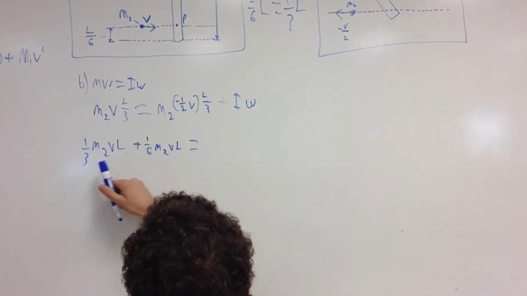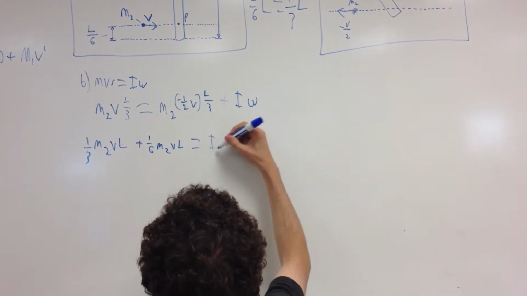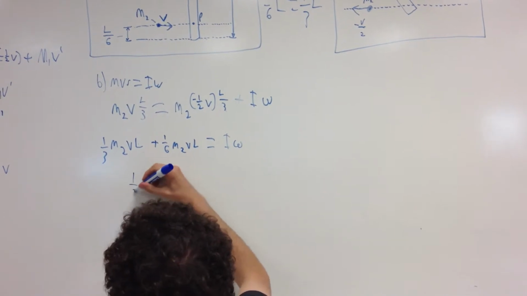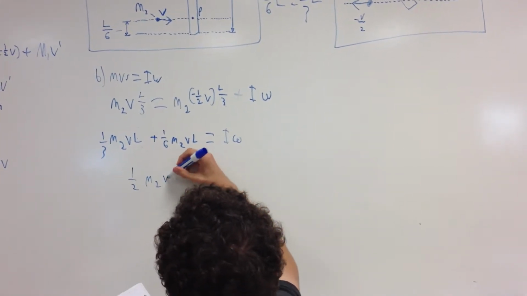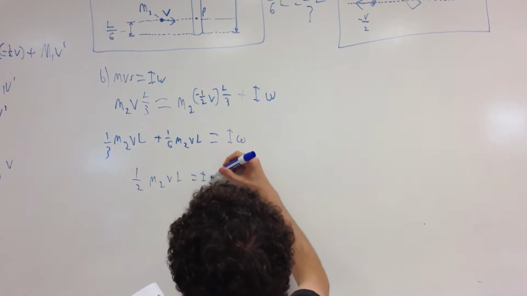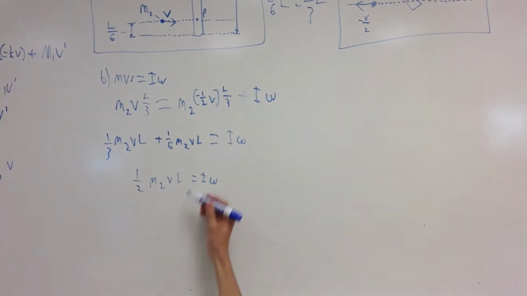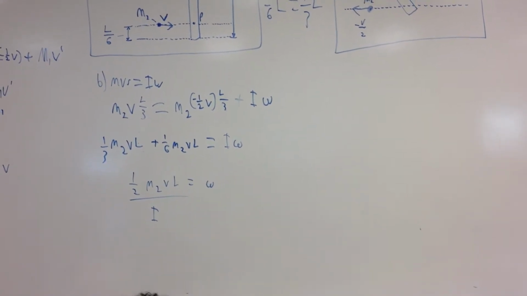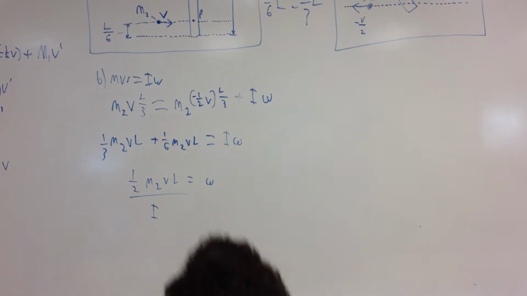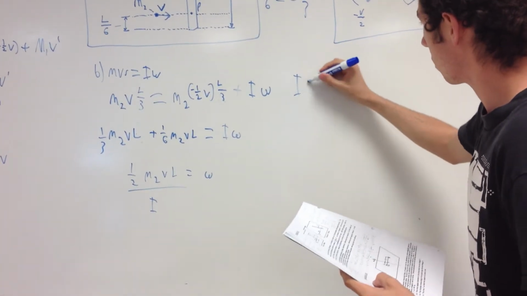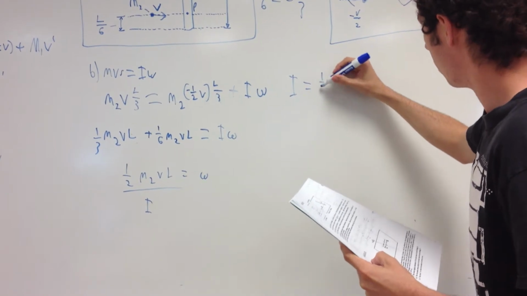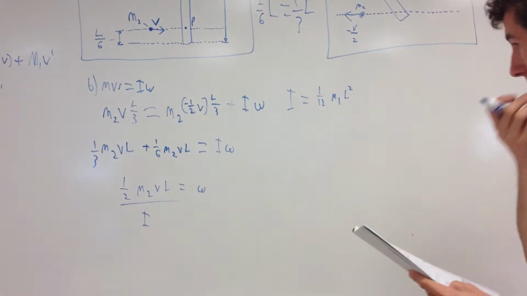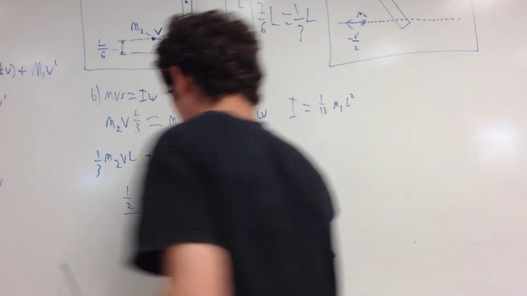I'm going to go ahead and add these two together, and that's going to give me 1/2 m2 v L equals I omega. I'm going to move I down here. And then the original question gives me I is equivalent to 1/12 m1 L squared. So I'm going to substitute that in here.